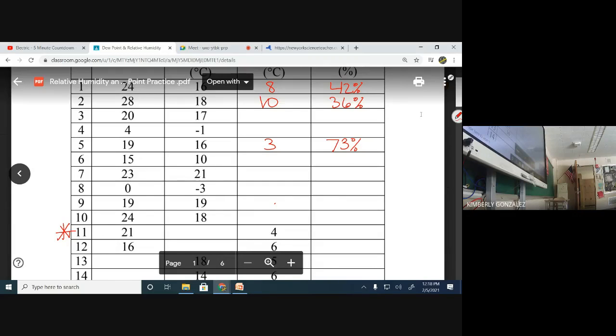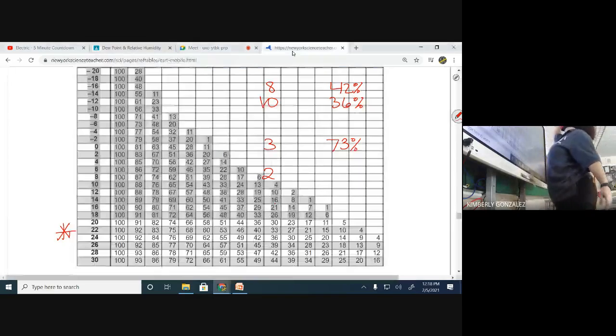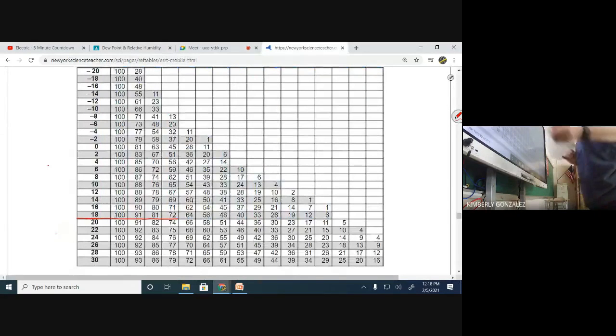I have a question. Sure. With number 7, 23 minus 21 is 2. But when you go on the reference table, it doesn't show a number in between. So it's 23, which would be here, and it's 2 spaces.